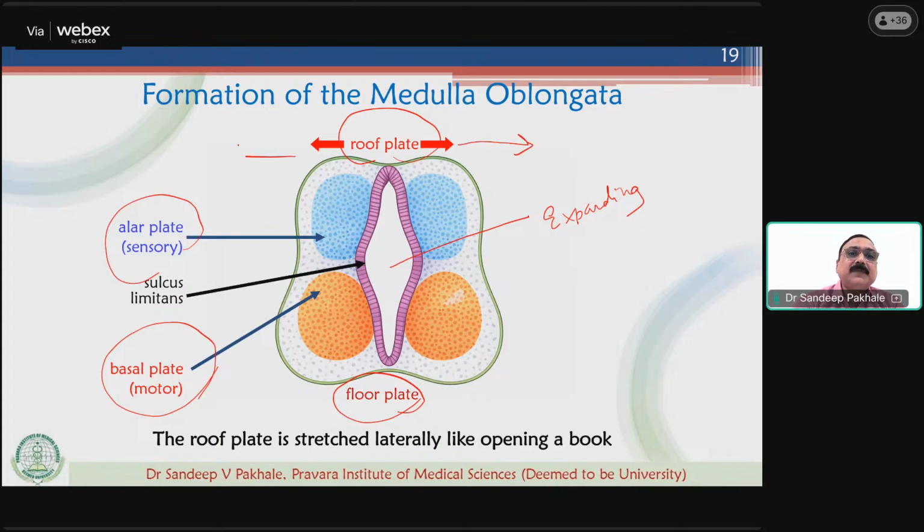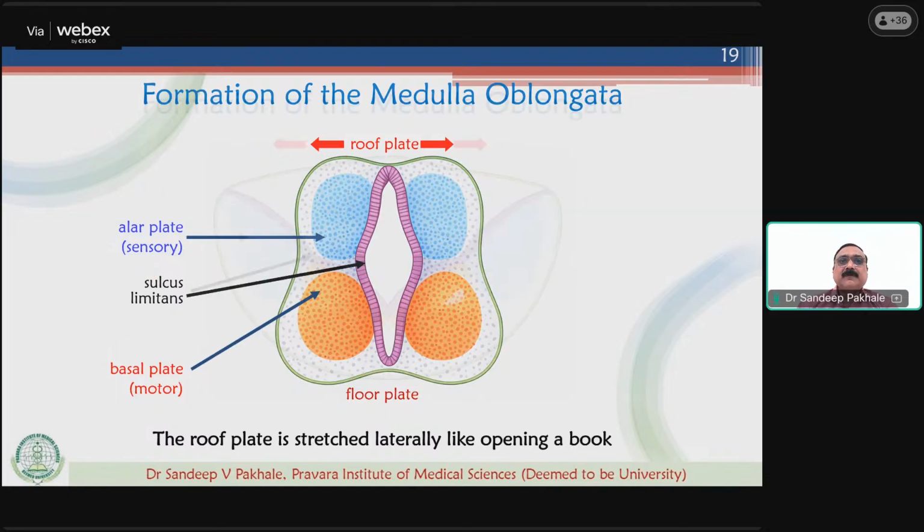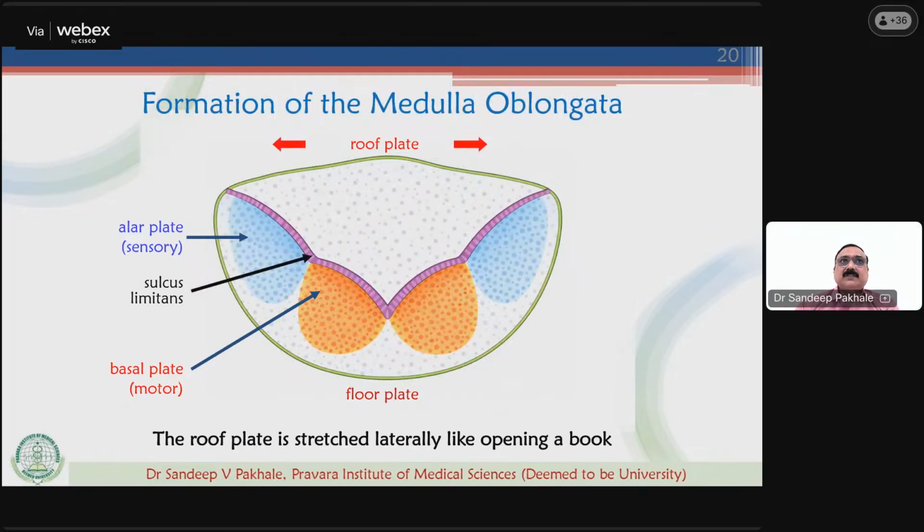So this will later on open like a book, like this. This eversion also leads to an important rearrangement in which the alar plate, which is sensory, shifts laterally. So this is the alar plate, they shift laterally.